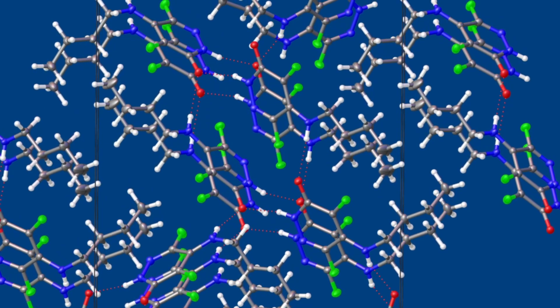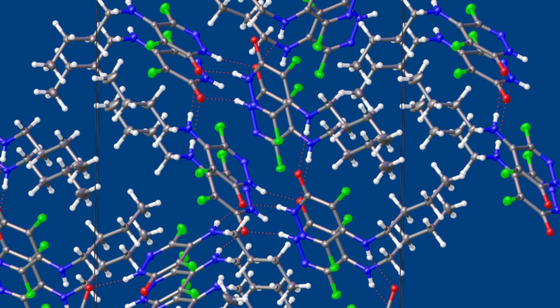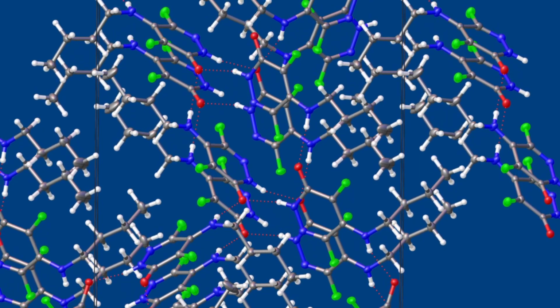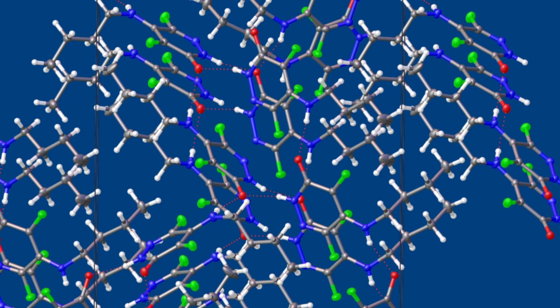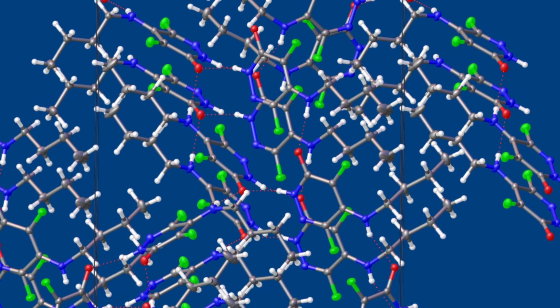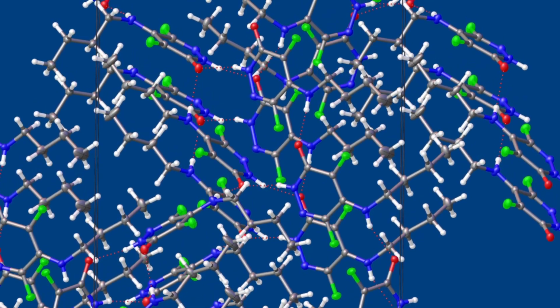And this occurs because when materials solidify, they will do so in a way that will maximize the number of positive interactions while minimizing the number of negative interactions. So for that crystal we just saw, it wants to have as many positive hydrogen bonding interactions as possible.